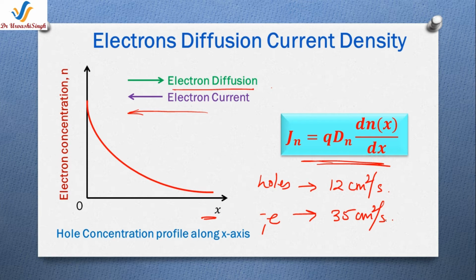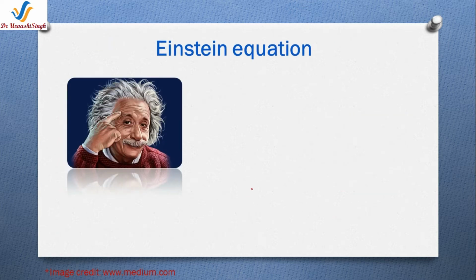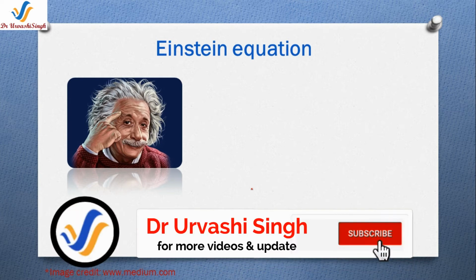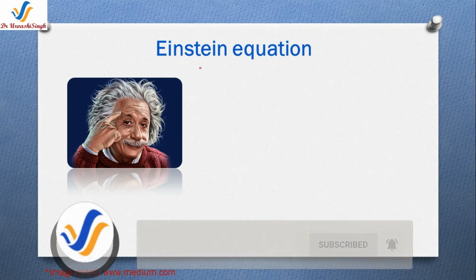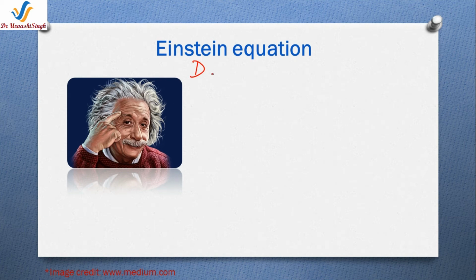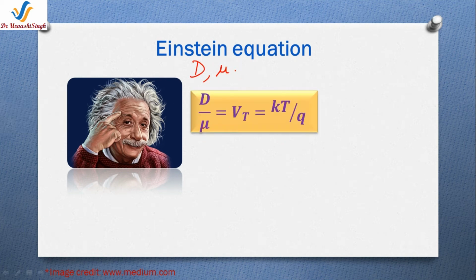Next is the Einstein equation or the relation. You know, same physics is at the core of both drift and diffusion, and it is collisions among particles and medium atoms, which means that there should be some relationship between the diffusivity and mobility, and it is given by this equation.